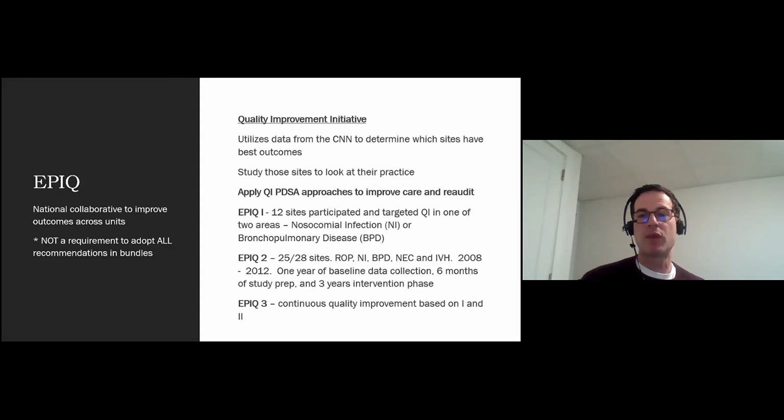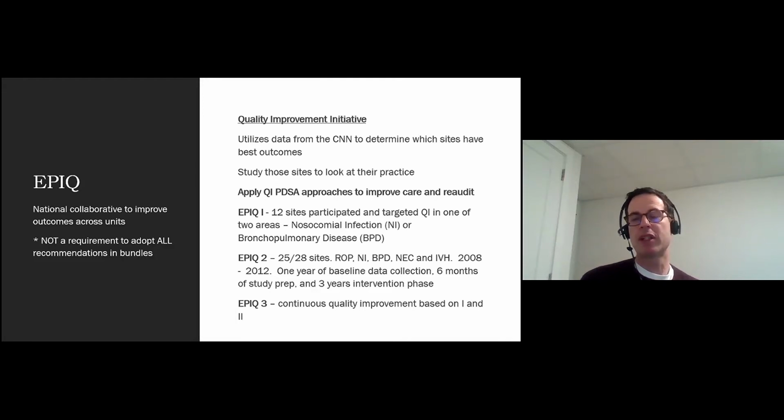And then the concept was, can we apply that information back to the other units and see a sustained improvement? That formed the basis for EPIQ 2, which tackled 5 main problems over a 4-year period.